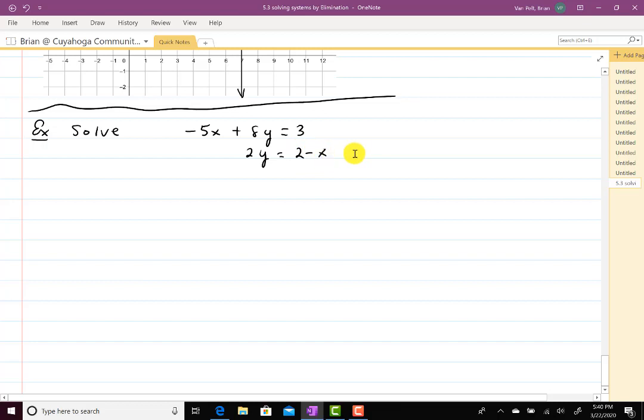Here, to me, it's pretty clear that substitution seems like the easiest thing, because you almost have y by itself. In fact, all you have to do is to divide by 2, and then I can take this and plug it into the first equation. You're going to plug it in for y.